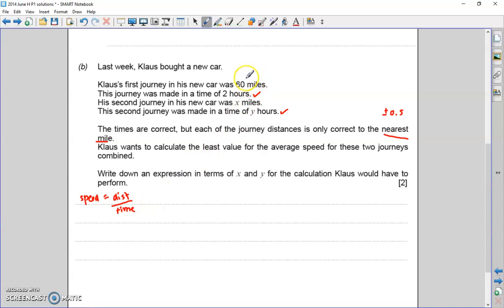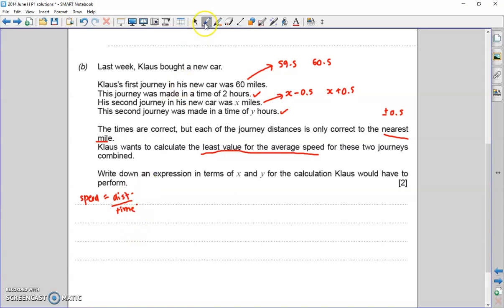Okay, so the 60-mile journey, it may have been 59.5, it may have been 60.5. And the X mile journey, a little bit tricky here. You'll have to write this X take away 0.5 or X plus 0.5. We want the least value for the average speed. That would be the smallest distance divided by the biggest time.